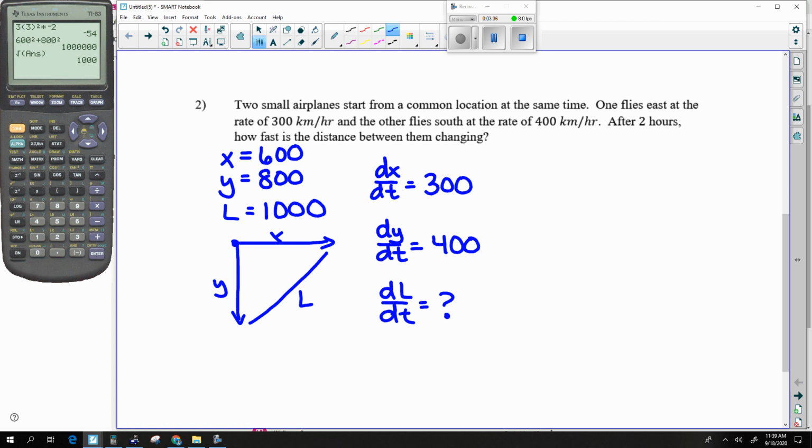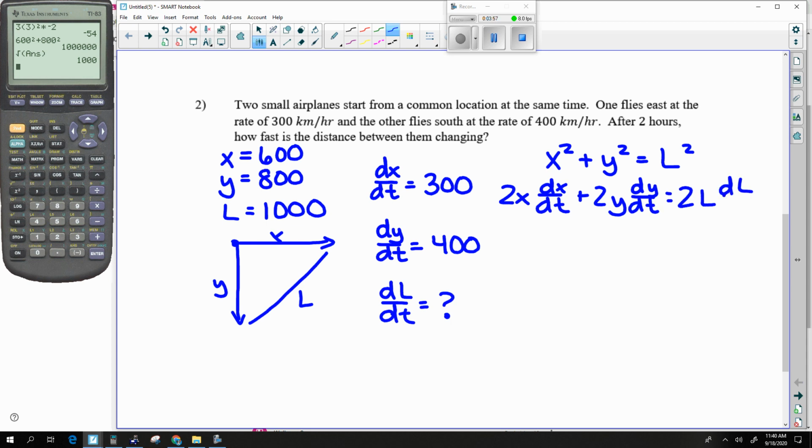So how is the distance changing? Again, this is the same thing as saying a squared plus b squared is equal to c squared. All three of these are changing. So this is 2x dx/dt plus 2y dy/dt equals 2L dL/dt.